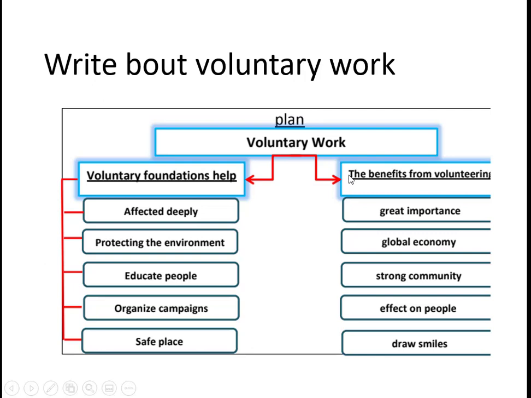In the second paragraph, the heading, the topic sentence, and then the major details, and at the end, we can write the conclusion. We are going to discuss these items in detail.